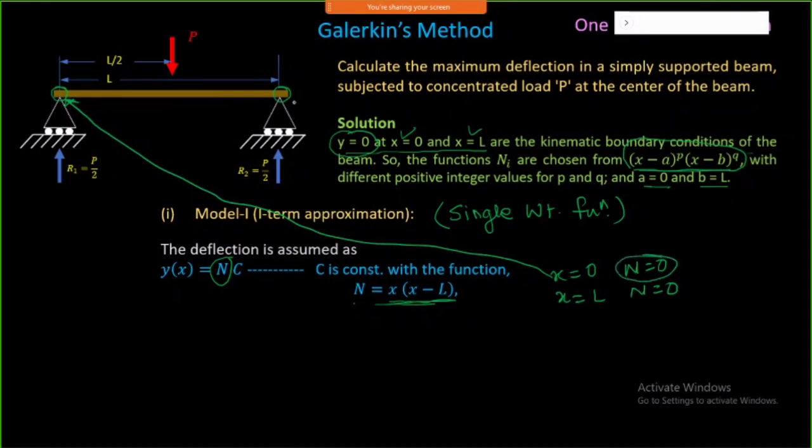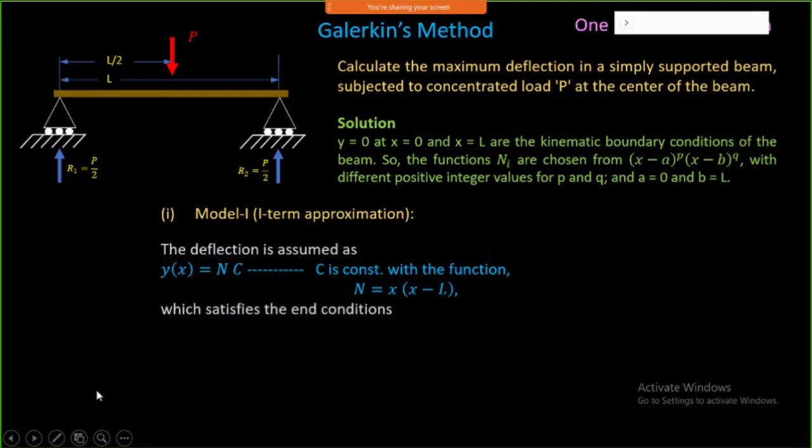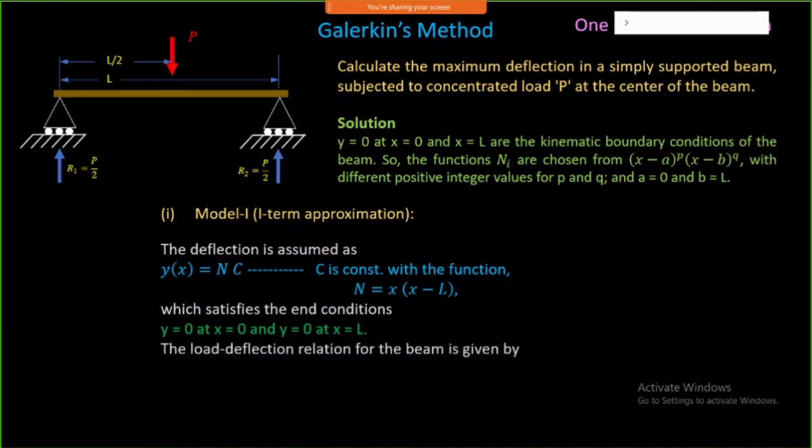So as I put x equal to L, the displacement is 0 at this location, which means this function satisfies both boundary conditions. It satisfies both end conditions, that is at x equal to 0 and x equal to L, displacement is 0.